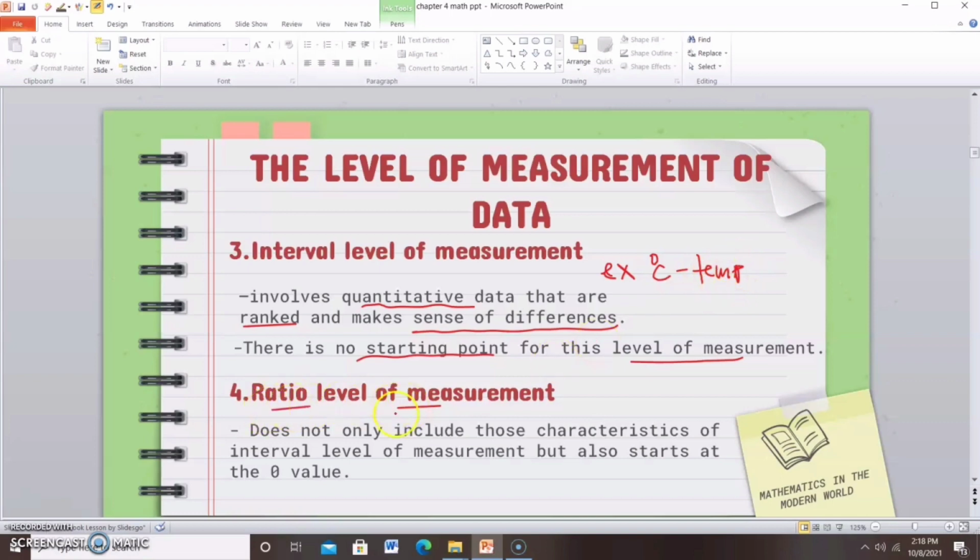Next is the ratio level of measurement. This not only includes the characteristics of the interval level of measurement, but also has a starting zero value. For example, weight or the number of absences of the student in the class. So that is the ratio level of measurement.